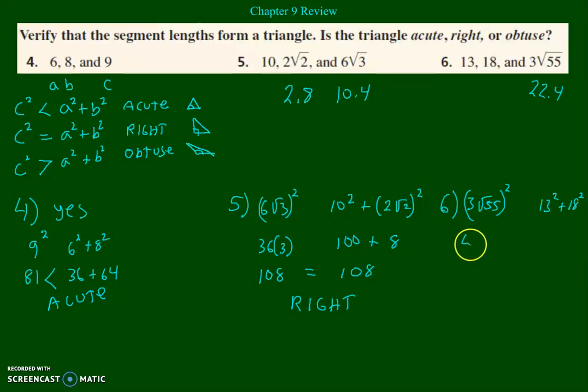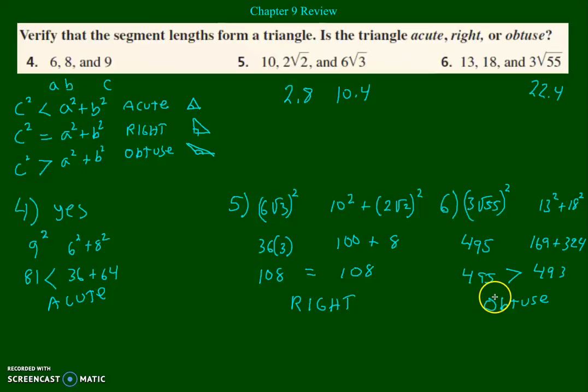This comes out to 495. 13 squared is 169, and 18 squared is 324. These two add together to 493. So 495 is greater than 493, so this is an obtuse triangle. And all 3 of these are in fact triangles.